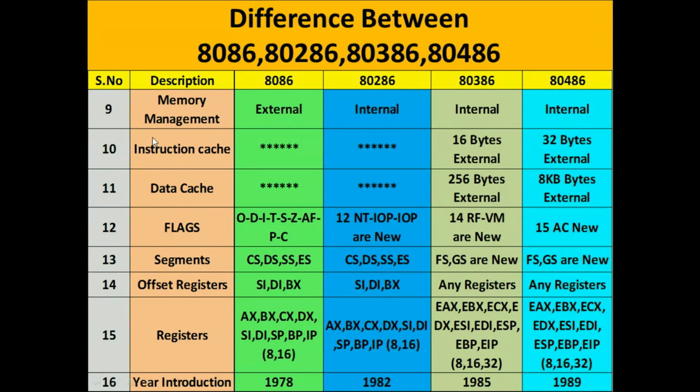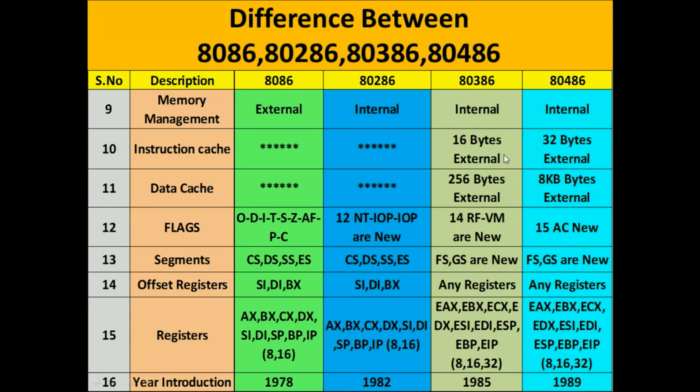And next one, the memory management. Here the memory management is done externally for 8086, 286 and 386, but for 486 it is provided internally. And the instruction cache is only for 386 and 486, provided externally.